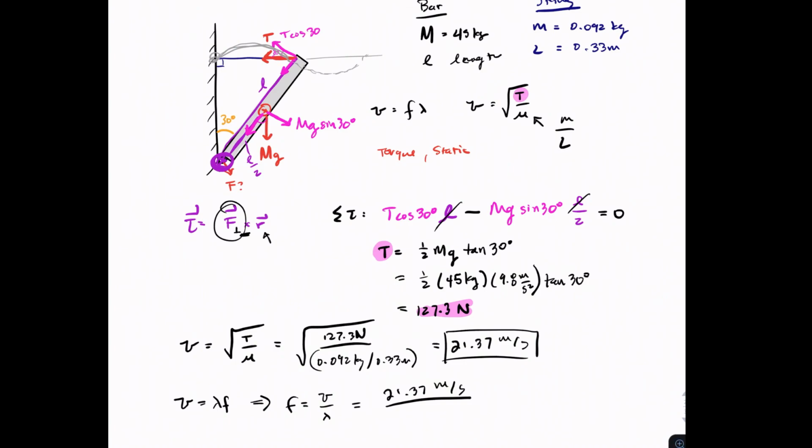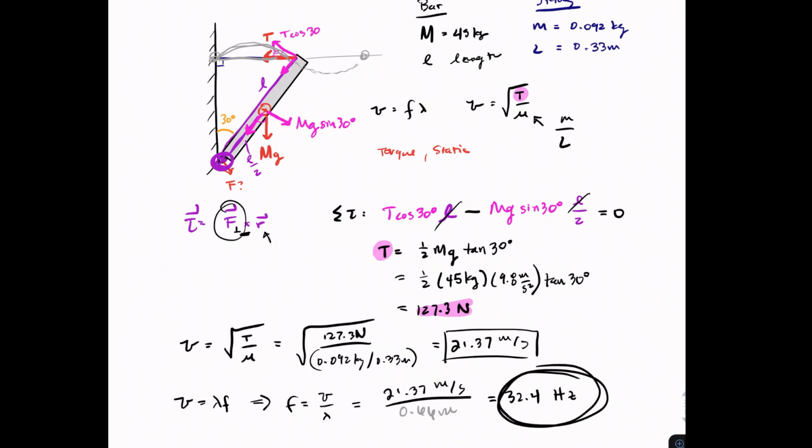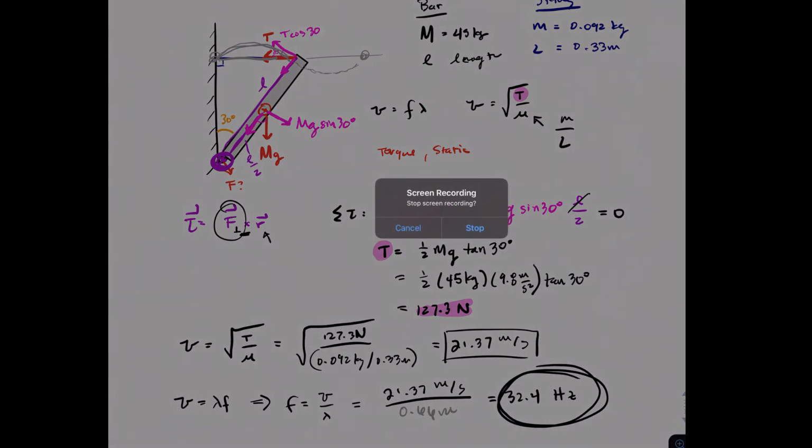So that means the wavelength is double the length of this string, so 0.66 meters. And that means that our frequency is 32.4 hertz, which it turns out is in the range of human hearing, so you would be able to hear it. And that's part B.